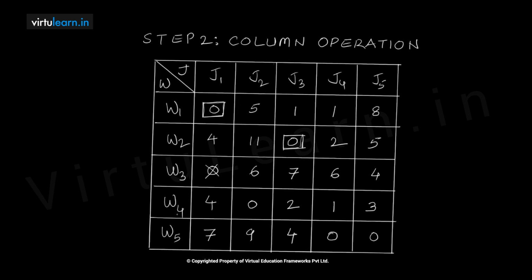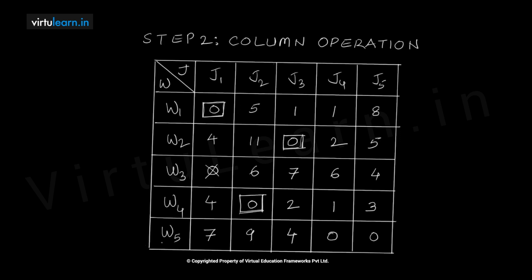Then we go for the fourth row. The fourth row is the W4 row, where we have a single zero, and we are going to make allocation here. Then we check in this column, no zeros are there.